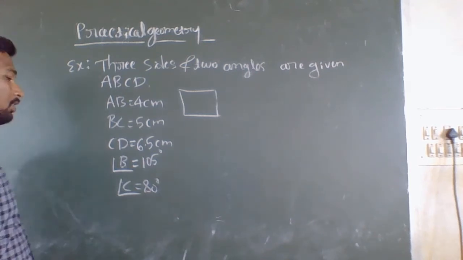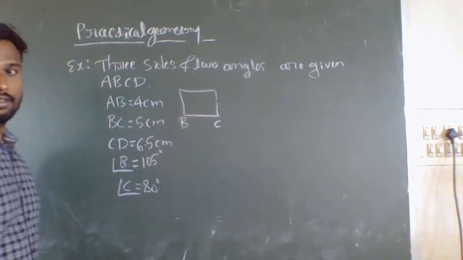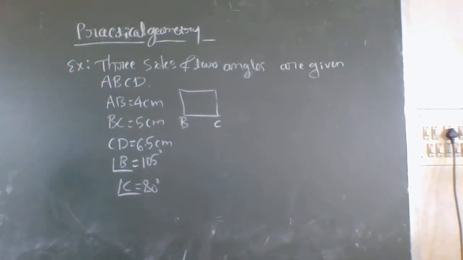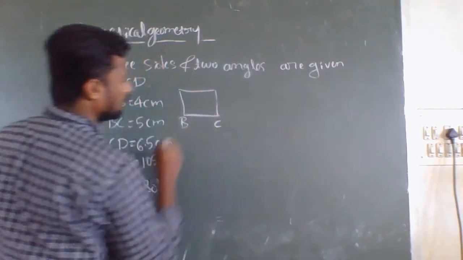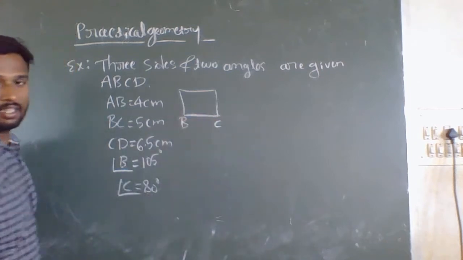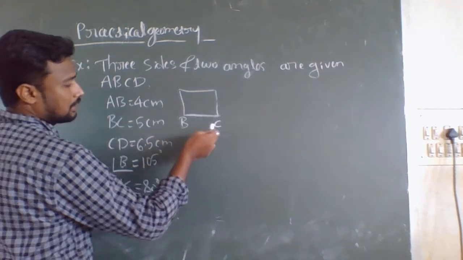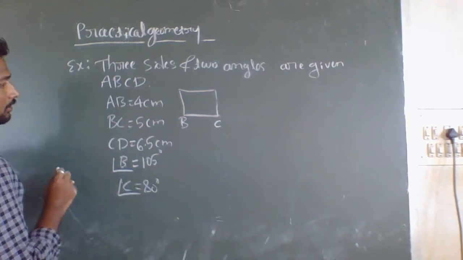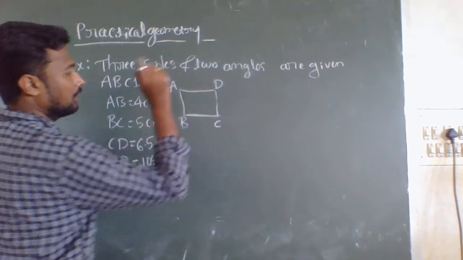It will be easy to construct the angles when you consider BC as the baseline, because angle B and angle C are given. Therefore, I will consider BC as the baseline and write A, B, C, D.